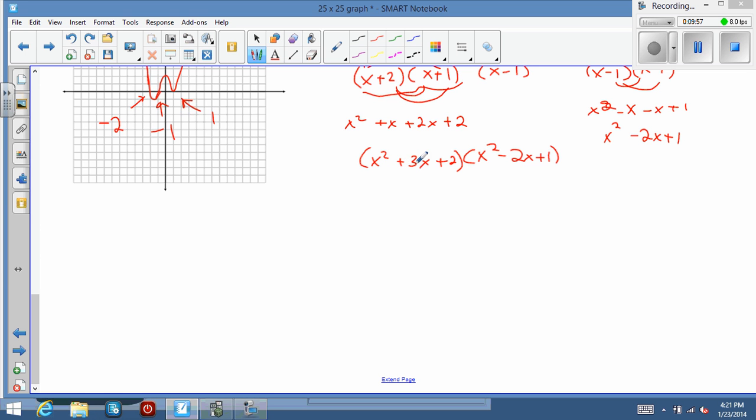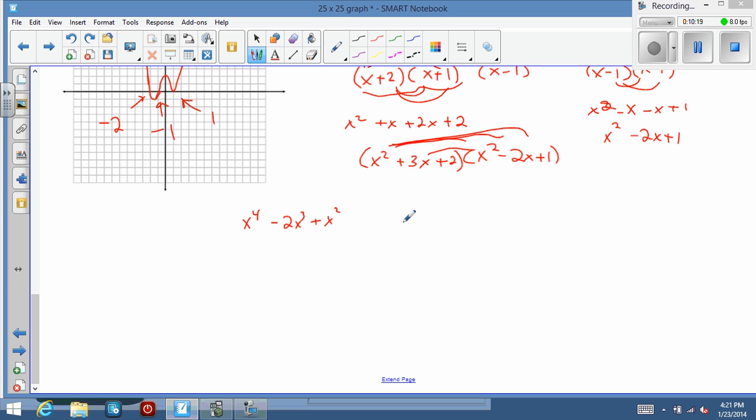And this is going to use the same process. It's like FOIL, but I've got 3 terms and 3 terms, or you can do the box method. So x to the fourth, I'm going to give myself plenty of room here. X times negative 2x is negative 2x to the third. X squared times 1 is positive x squared.